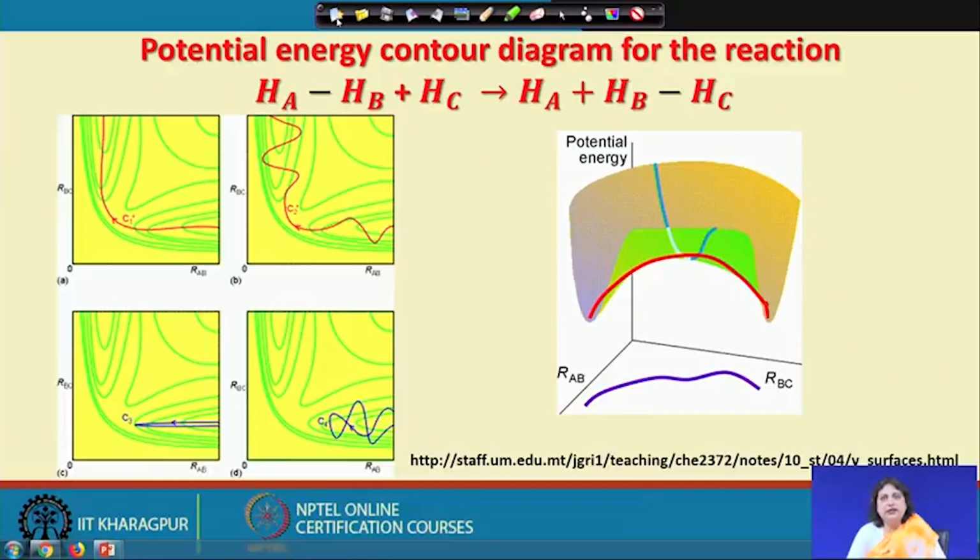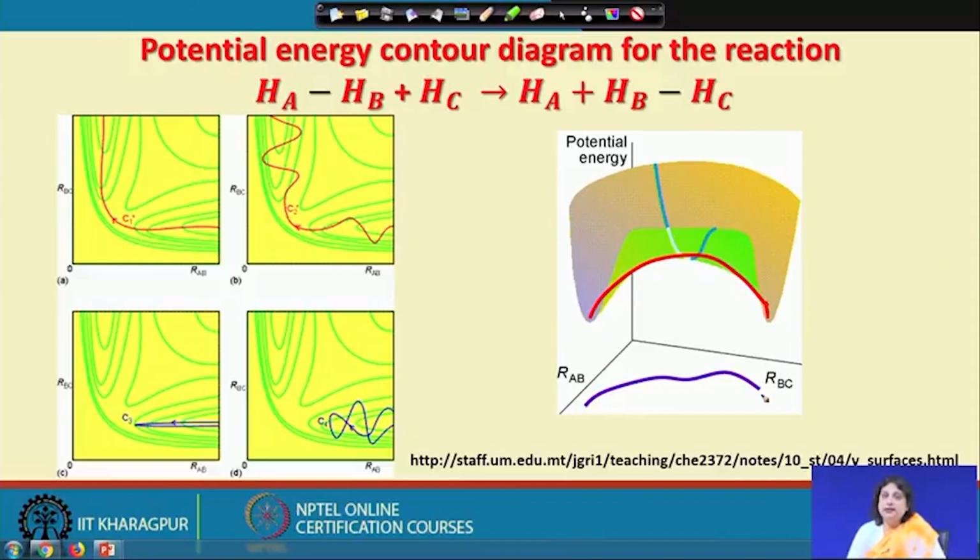As a result of this, I would say that in the plane RAB, RBC, there will be only some combinations of RAB and RBC that will allow the system to pass from the reactant well to the product well. And those combinations of RAB and RBC, which take the system from the reactant to the product well through a minimum energy path, are called the reaction coordinate.